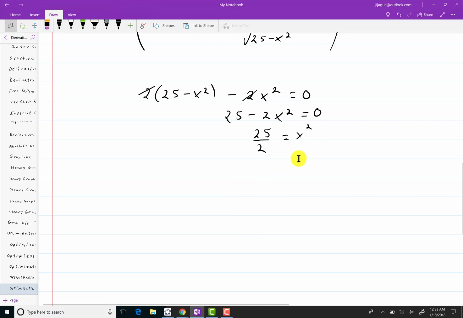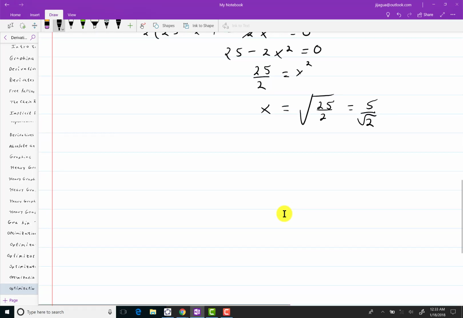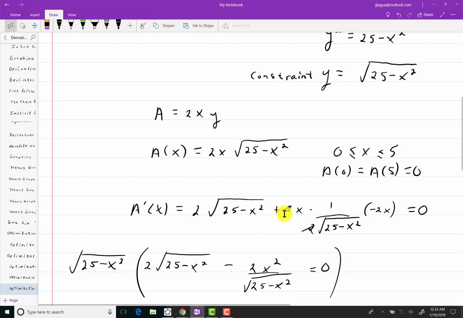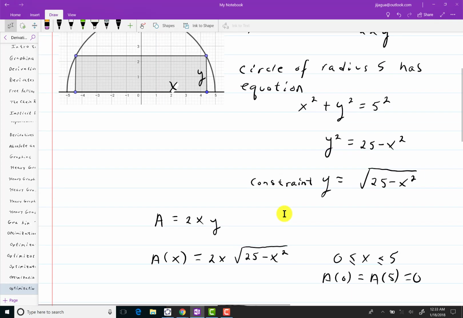And take the square root of both sides. Forget about the negative square root. I will get x equals the square root of 25 over 2. Or if you want, you can write that as 5 over radical 2. So now, if you remember, my rectangle had the dimensions 2x by y.